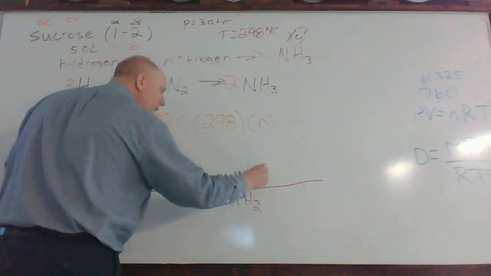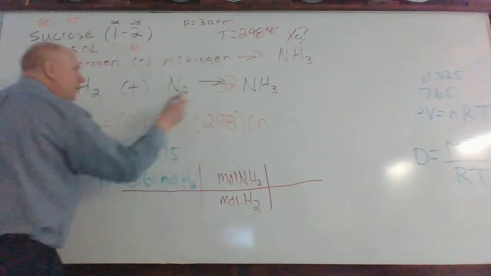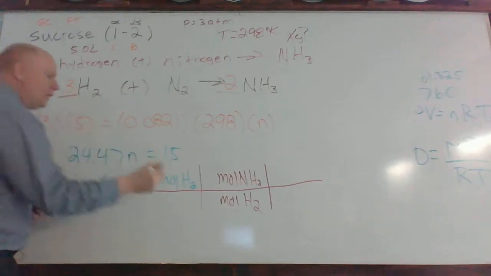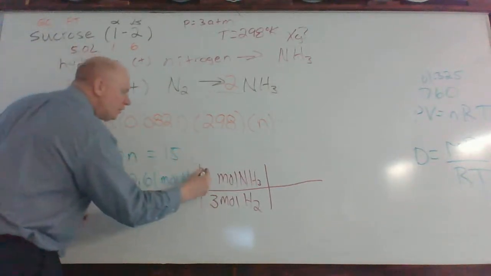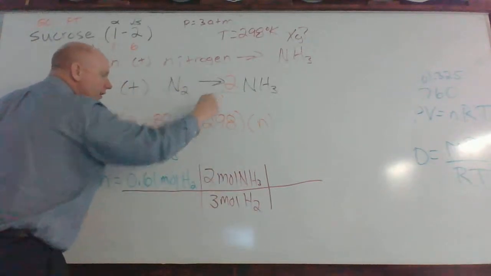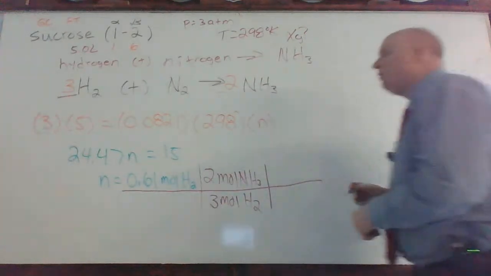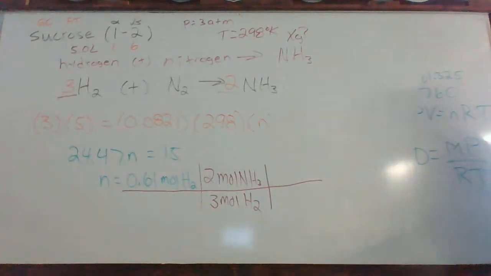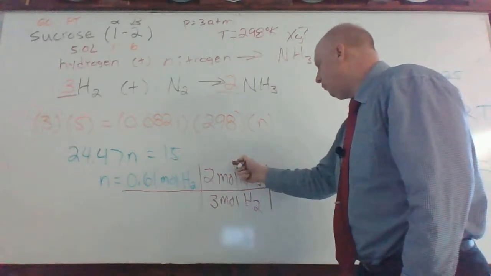Now we'll say we're going to go back to our balanced chemical reaction. We've got 2 and 3. The 3 goes on the bottom because of this. The 2 goes on top because of that coefficient. So now we're in moles of ammonia, but we need what? Okay. So how do we get rid of this mole?